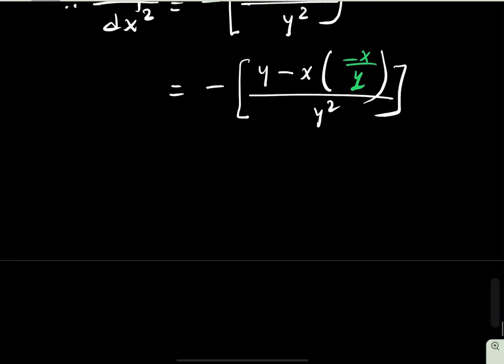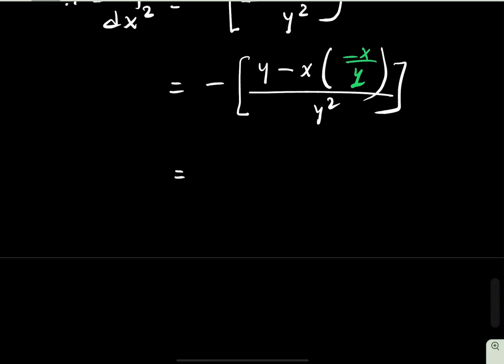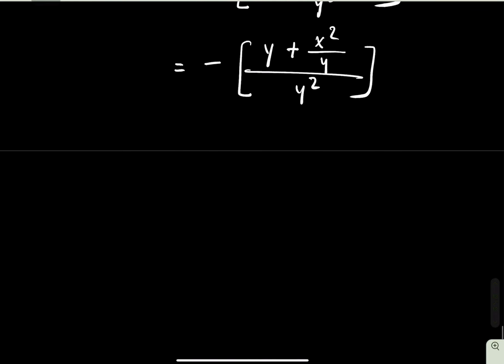You can always close it and simplify it. That is y minus, it becomes positive now, x squared over y, divided by y squared. So you need to simplify this.